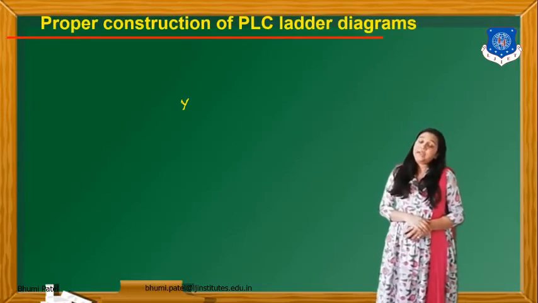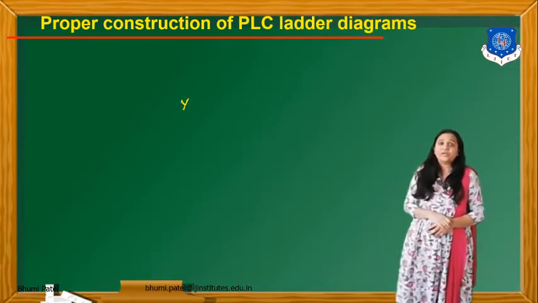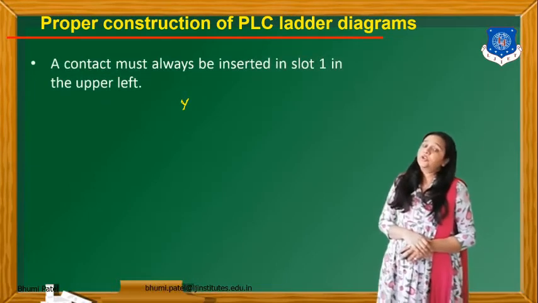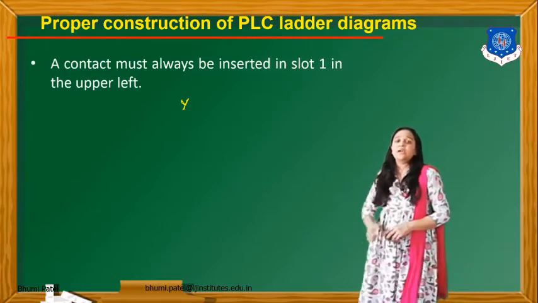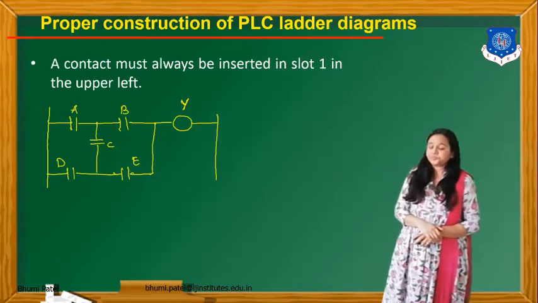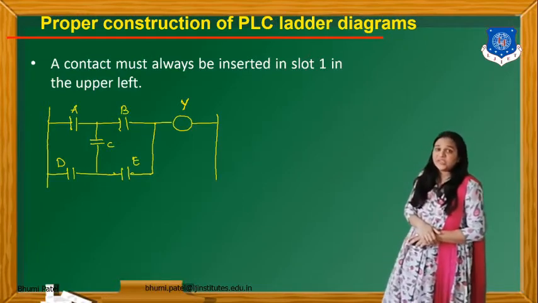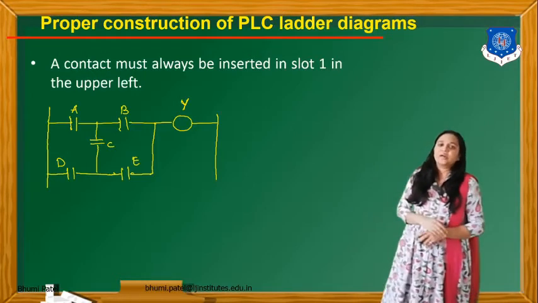Okay, so this is all about the input and output module. The next and the last topic in chapter number 2 is the proper construction of a PLC ladder diagram. The first rule is that the contact must always be inserted in slot 1 in the upper left. Here you can see the ladder logic diagram. A, B, C, D are our inputs and Y is our output.